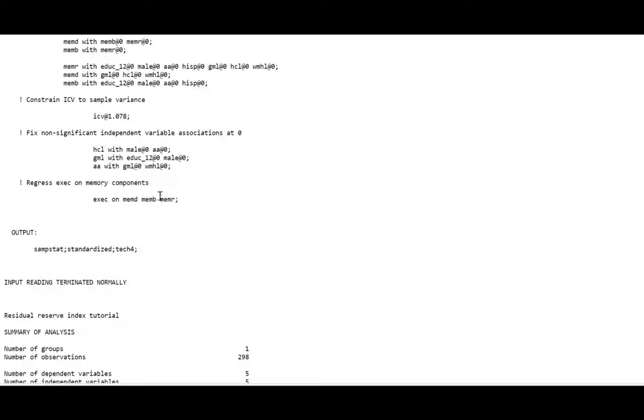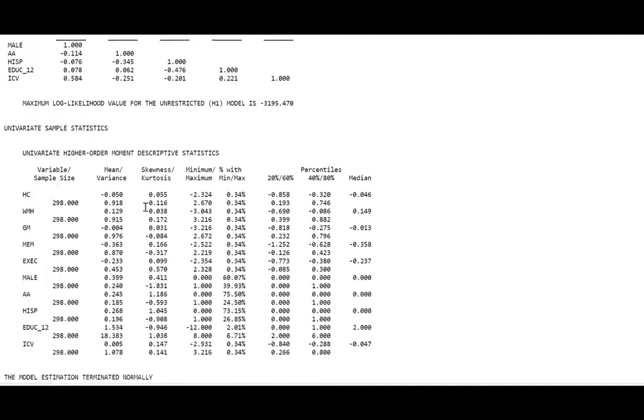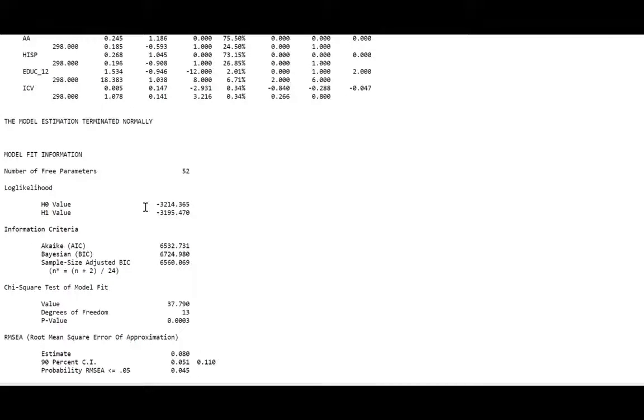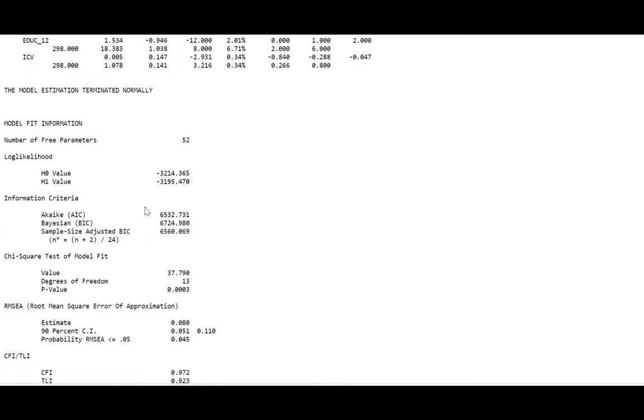And first, I just chose exec, a measure of executive function, and so I'm regressing that on MEM-D, MEM-B, and MEM-R. This is pretty straightforward.